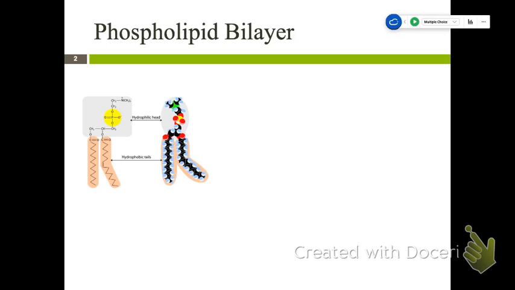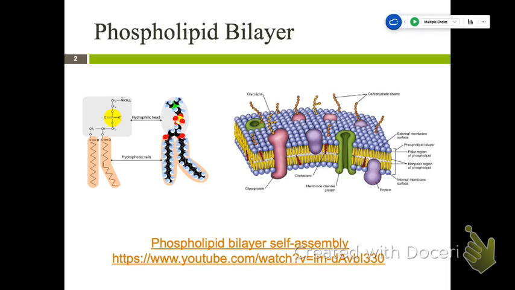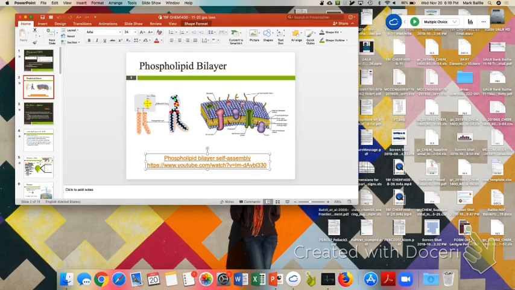And then they draw them like this, because that's a cartoon version. Each one of these is one of those individual molecules. You put them together, and they end up forming a phospholipid bilayer. So they self-assemble. And I think I have a little YouTube video that's super cool. Let me see if I can go to it.